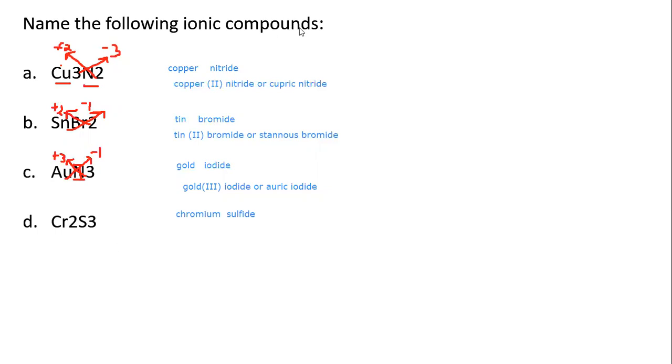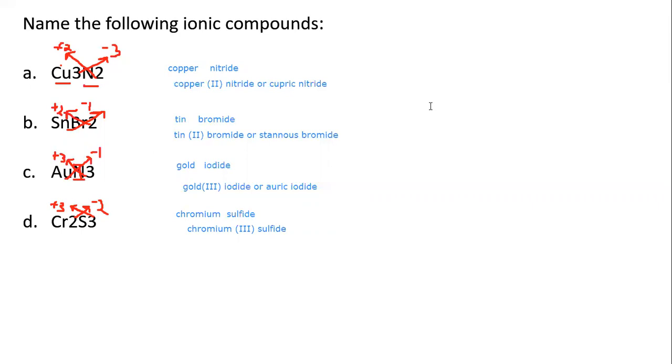So we do the reverse crisscross. We see chromium is a +3. Sulfide is a -2. And so this would be chromium(III) sulfide. Now you wouldn't use the common naming because chromium can have a variety of different ionic charges. So it just uses the systematic naming.